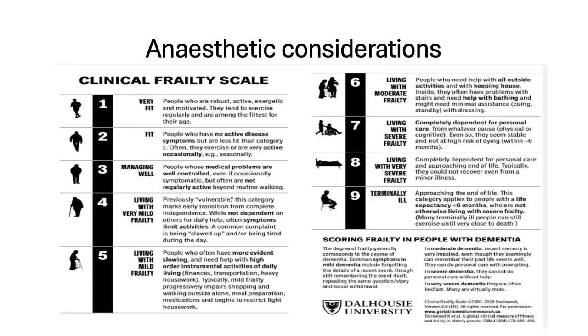So on the next slide, I've included a frailty scale. This is from the Dalhousie University. There are other clinical frailty scales that are out there, but this is one that I have used quite frequently. So there is a difference in terms of frailty.